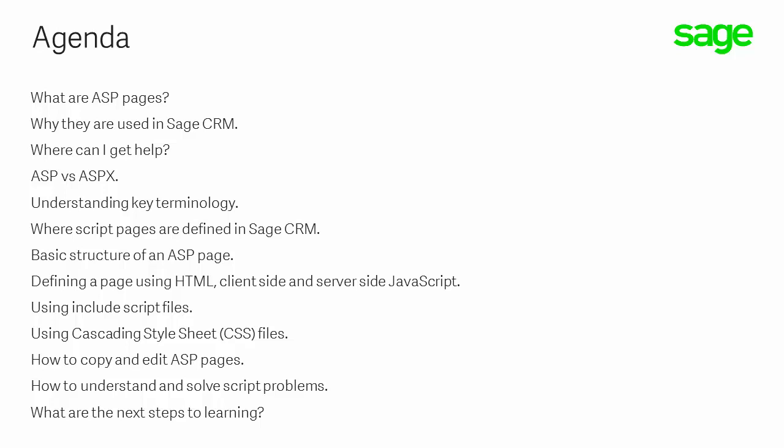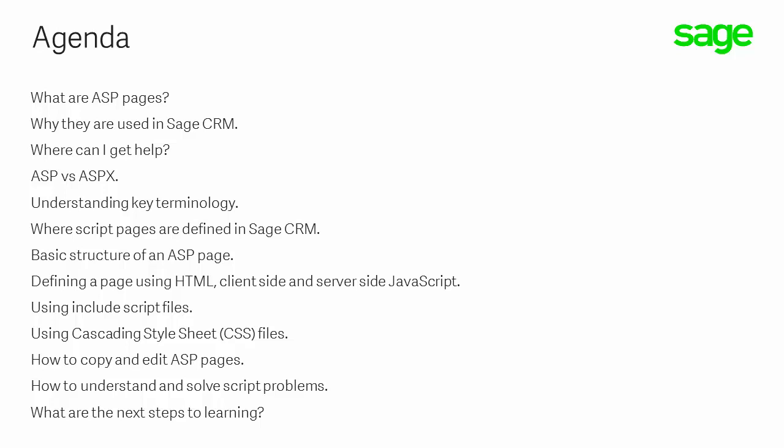We'll see where we put them inside the CRM structure, inside the database, inside the file system, so that we can get the pages to display. And by the end of today, I hope that you'll be able to understand the basic structure of an ASP page and see how it is defined using any combination of HTML, JavaScript, and any use of client-side behavior as well.